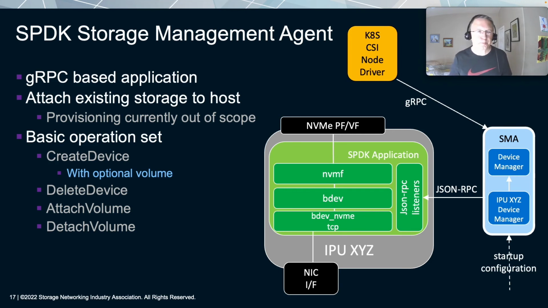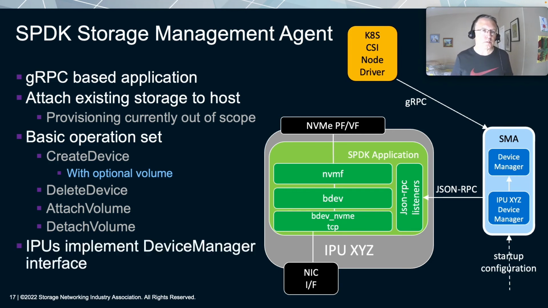And so inside of SMA, we have the device manager class, and IPUs are effectively responsible for implementing that to whatever is specific for their IPU. And so the idea here is that the Kubernetes CSI node driver is just talking to SMA if it's running on multiple different types of IPUs from different vendors, different IPUs from the same vendor.